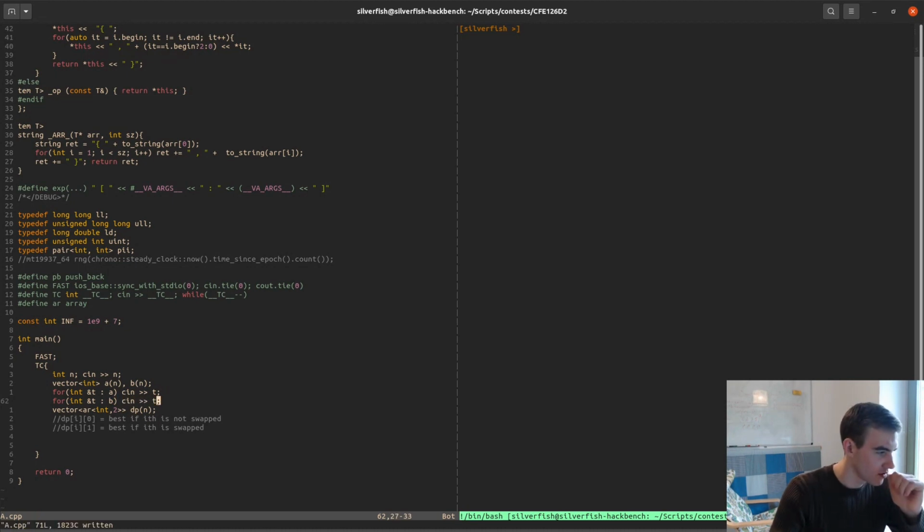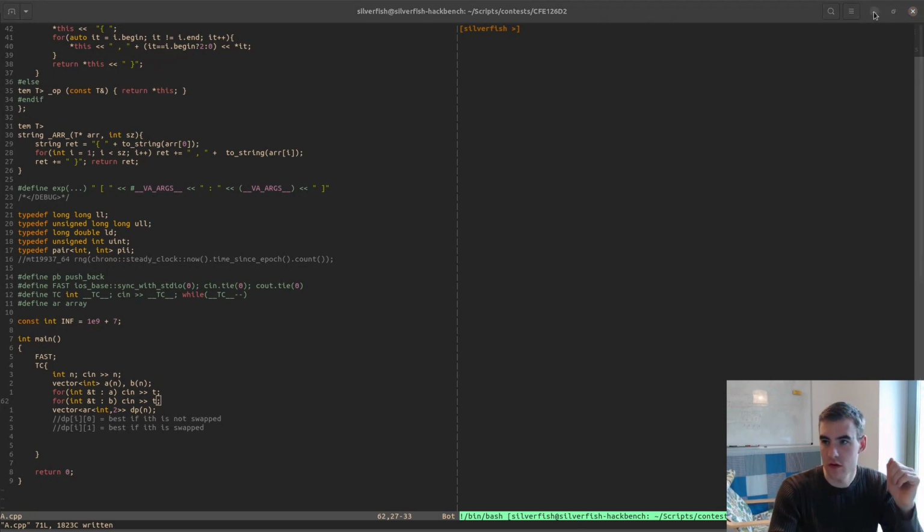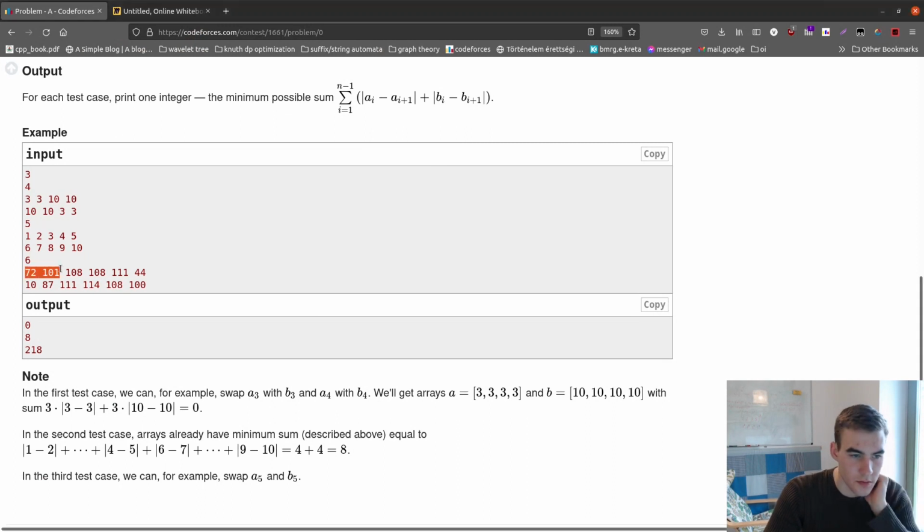So what am I doing exactly? For each pair of numbers, I can either swap the last two, and then I'll take the sum of the last two if the last two have been swapped plus this difference.